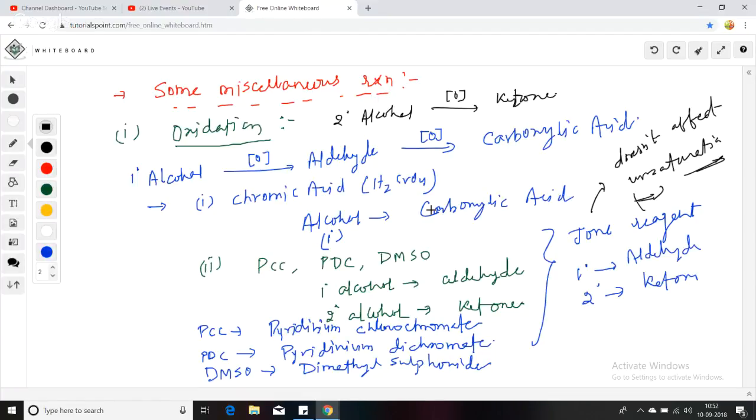What is Jones reagent? It is aqueous CrO3 in acetone.